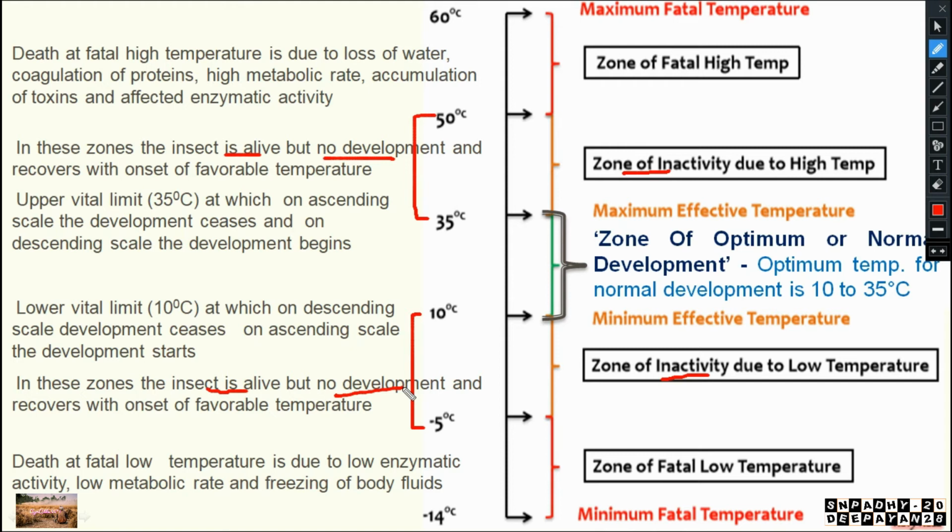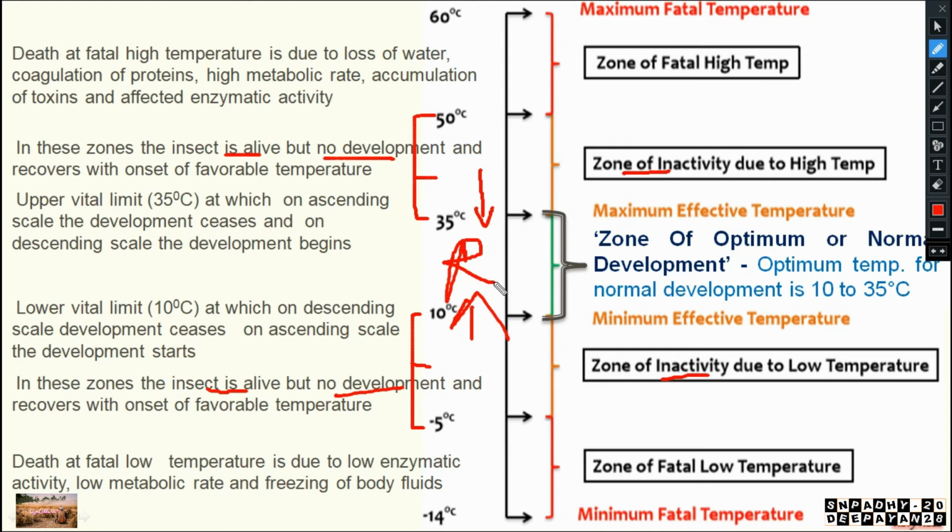But if the insect goes below this 35 degrees centigrade or above this 10 degrees centigrade, out of these inactive zones, then what will happen? Again they will resume their activity. That means under onset of favorable temperature condition, they will resume their activity. Got my point? This is the zone of inactivity. It may be due to high temperature, it may be due to low temperature.